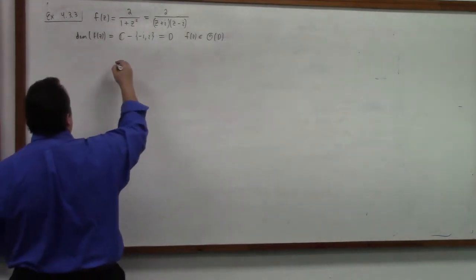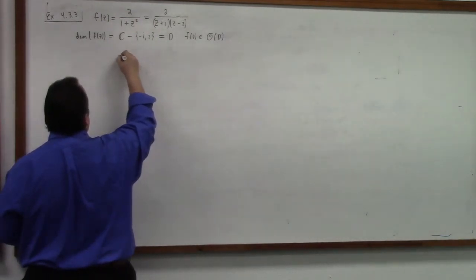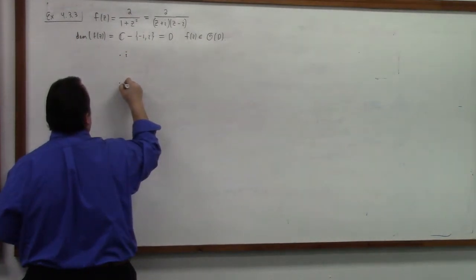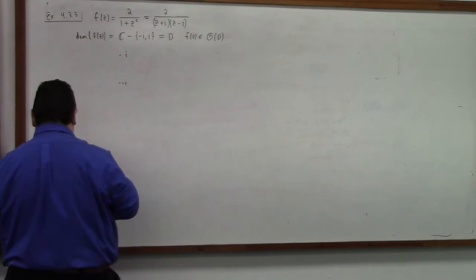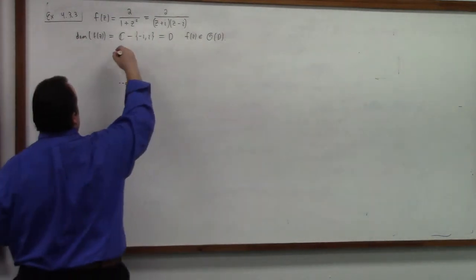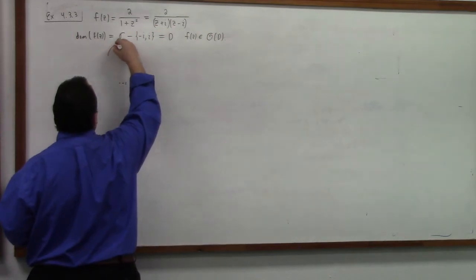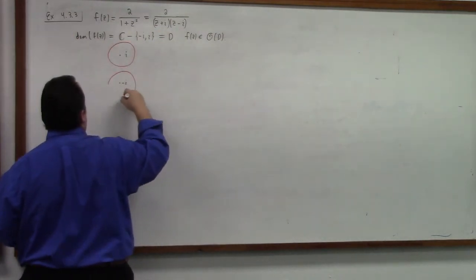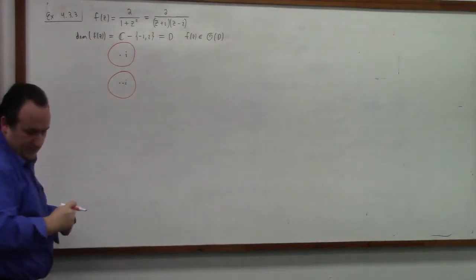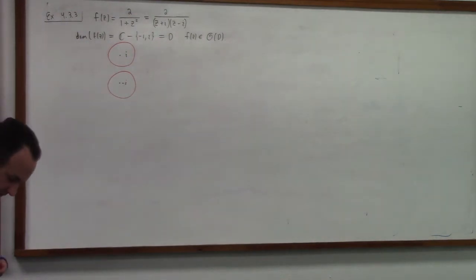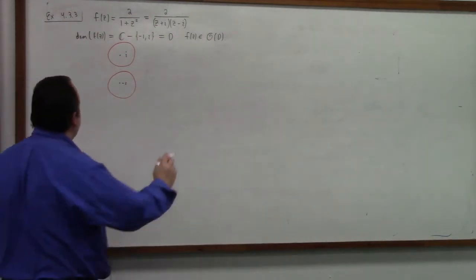So let's define a circle around i and a circle around minus i, circles of radius, say, epsilon. The label I gave these circles is gamma epsilon of minus i.